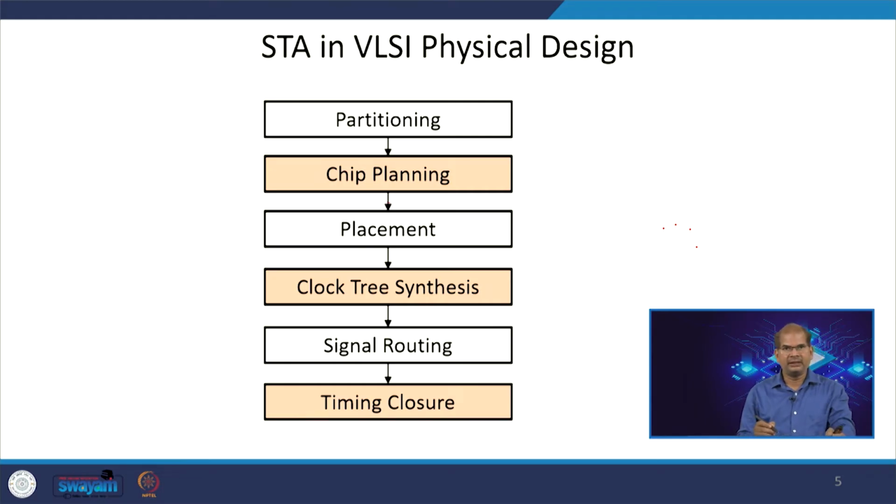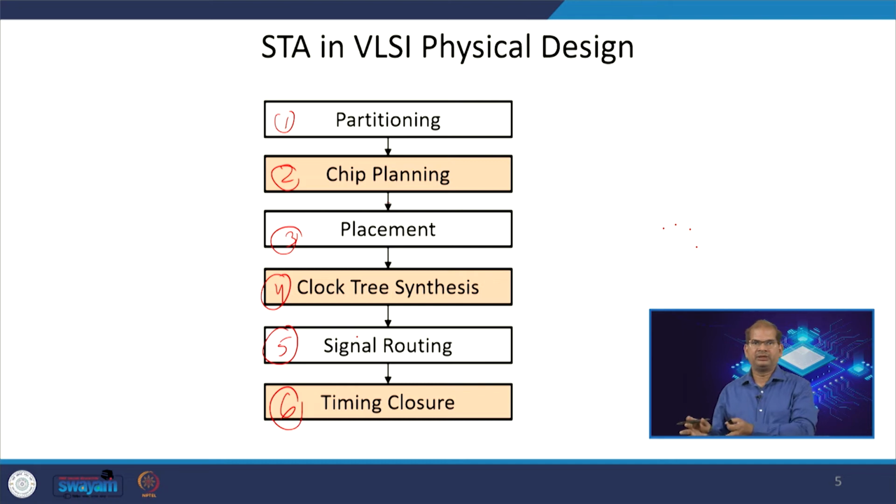After partitioning, we have to run the STA tool to see whether we are able to meet the timing or not. After chip planning, again we need to run the STA tool to check whether timing is met or not. After the placement of the blocks, again we need to check whether the required specification given to us has been met or not.